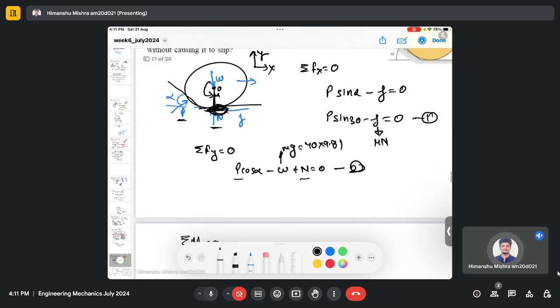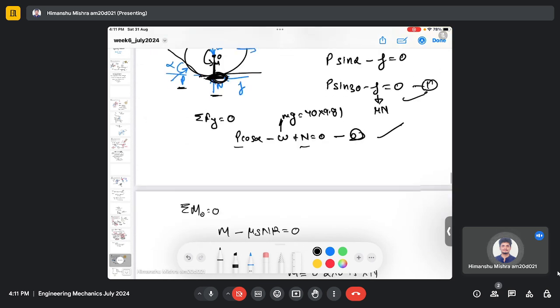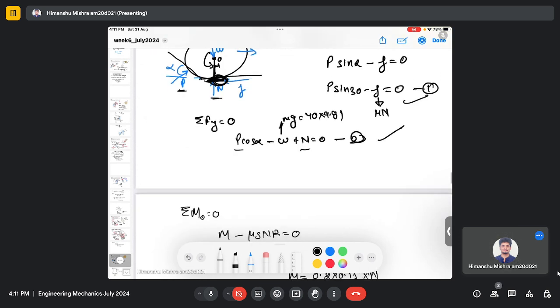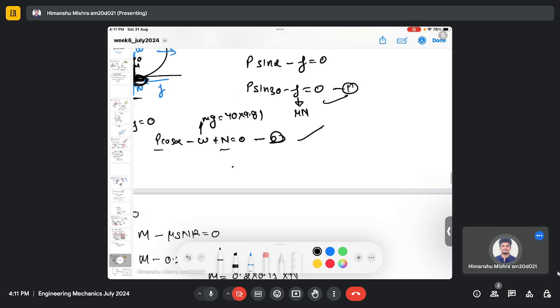And to find N, we need to solve equations 1 and 2 together, because we have two unknowns and two equations. So we have to solve both equations simultaneously. So from equation 1, I can write P sin theta as 0.5 P, minus F, which is mu N, equals 0.